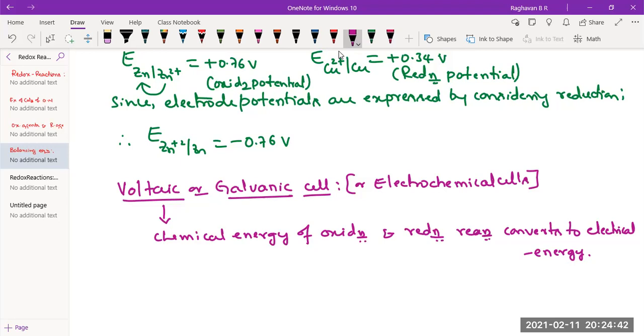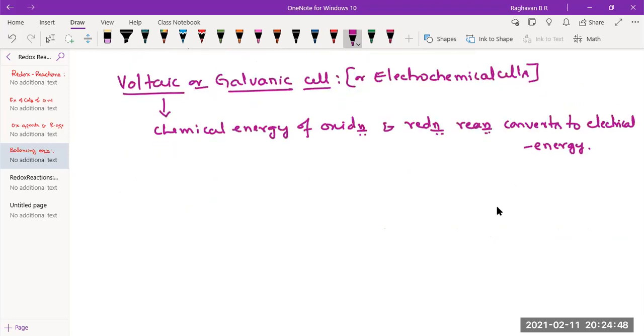Such devices are called voltaic cells or galvanic cells, in general electrochemical cells. Now these voltaic cells can be constructed by combining any two single electrodes, either zinc or copper, or magnesium and potassium, or gold and platinum, or silver with iron, whatever.